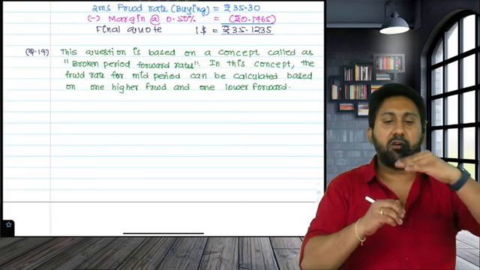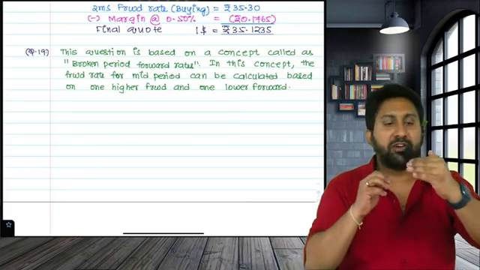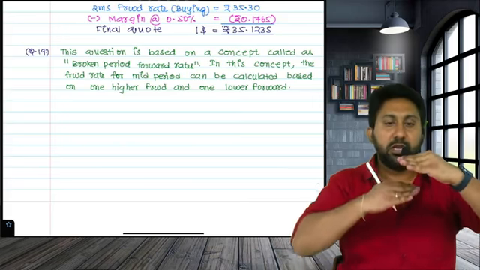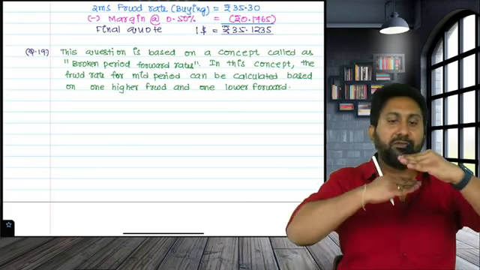That means we have 1 month, we want 2 months 15 days. We have 2 months, we have 3 months. One higher, one lower. We want 2 months 15 days. Therefore, we have one higher forward and one lower forward. In the middle we want, so the concept we use is called broken period forward rates.